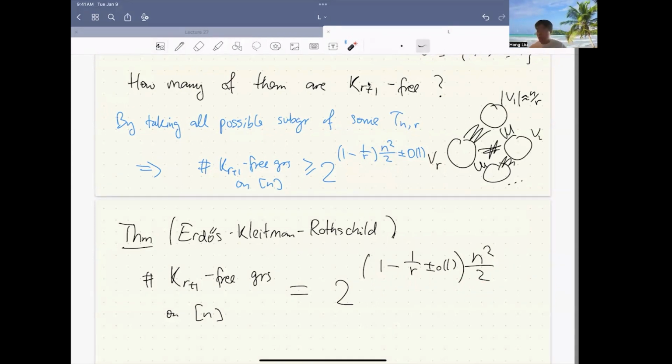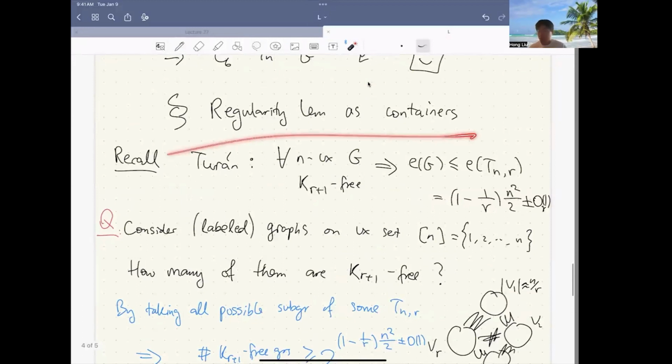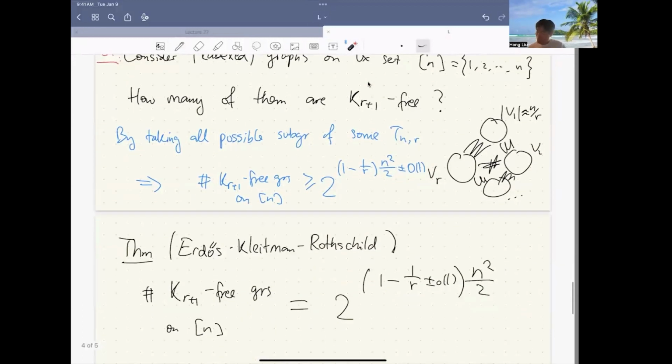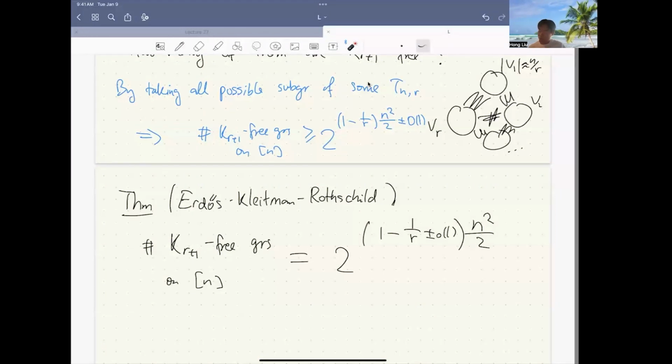All right, we already have the lower bound here. All we need to do is to use the regularity lemma as containers to prove the upper bound on the number of K_{r+1}-free graphs.